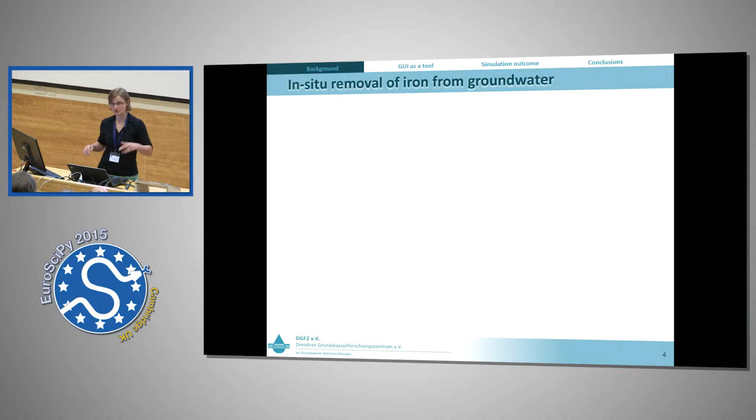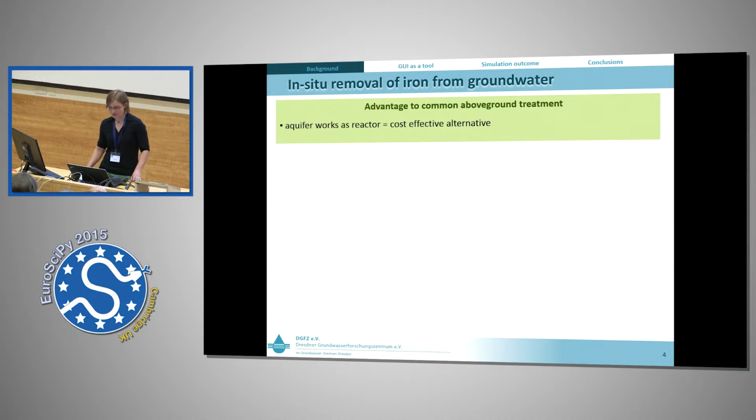So we say in situ, where the groundwater originates from. The advantage of this in situ removal of iron from groundwater is that the aquifer, the part of the subsurface, works as a reactor. So this method is quite a cost-effective alternative to the common above ground treatment.